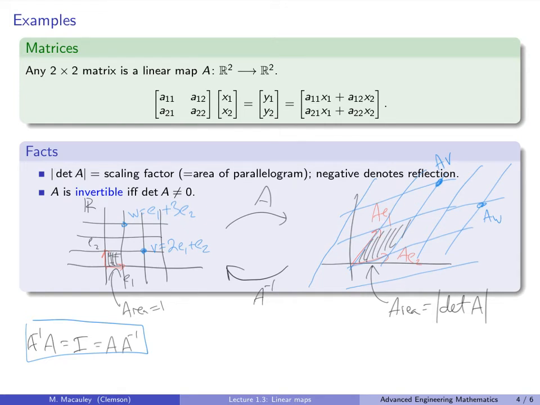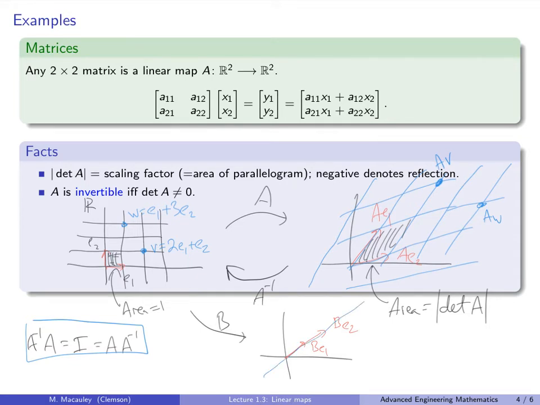So notice that the other case would be, let's suppose you had another map, let's call it B, and suppose that for this map, so we're reusing this picture for the domain, suppose that B times E1 was here and B times E2 was here. It was a scalar multiple of that.